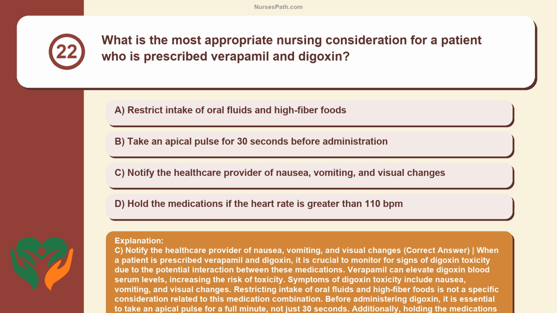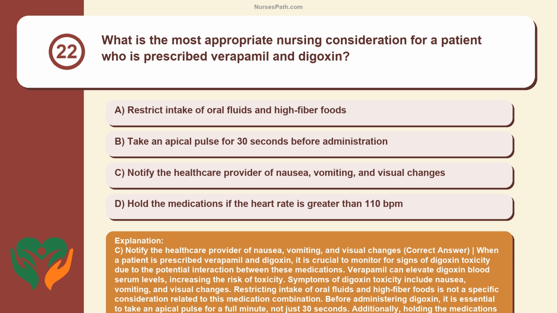Correct answer. When a patient is prescribed verapamil and digoxin, it is crucial to monitor for signs of digoxin toxicity due to the potential interaction between these medications. Verapamil can elevate digoxin serum levels, increasing the risk of toxicity. Symptoms of digoxin toxicity include nausea, vomiting, and visual changes.